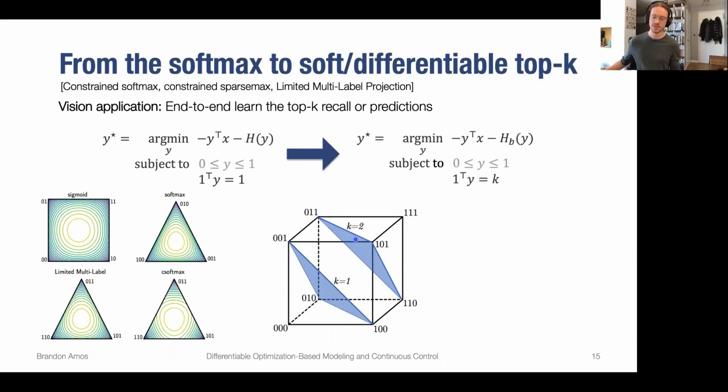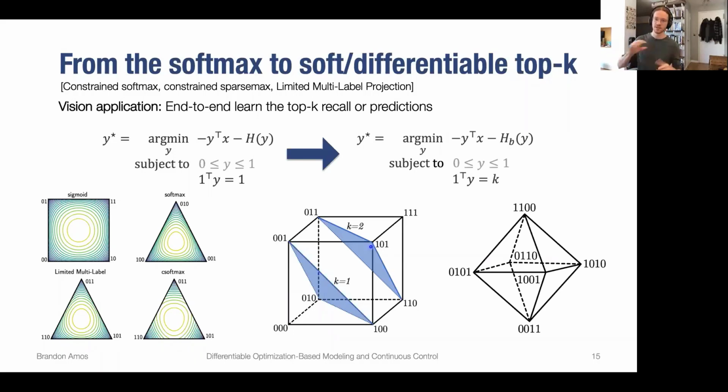If k is 2, then you get back this other polytope that in this case is also the simplex. And as you go to higher dimensions, you start getting more sophisticated polytopes, where you have 4 elements on the inputs, and you want to look at the space of 2 active elements.